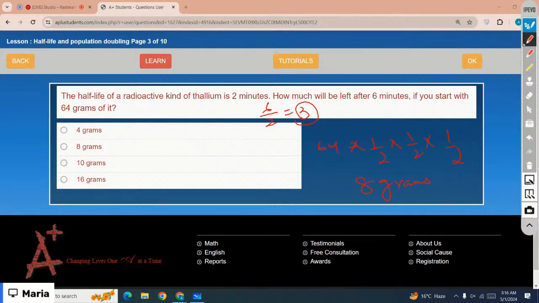After 6 minutes, you are left with just 8 grams of thallium. The correct option is 8.